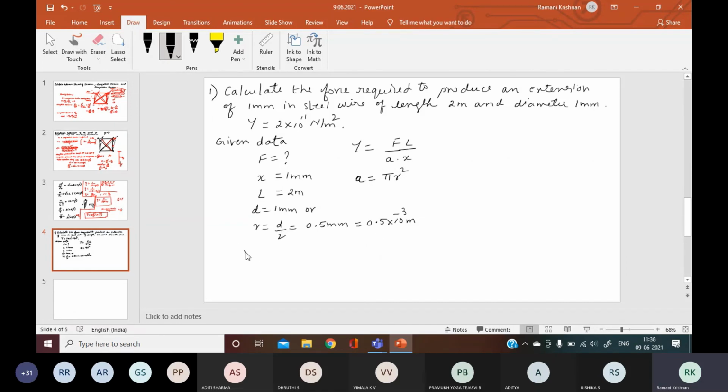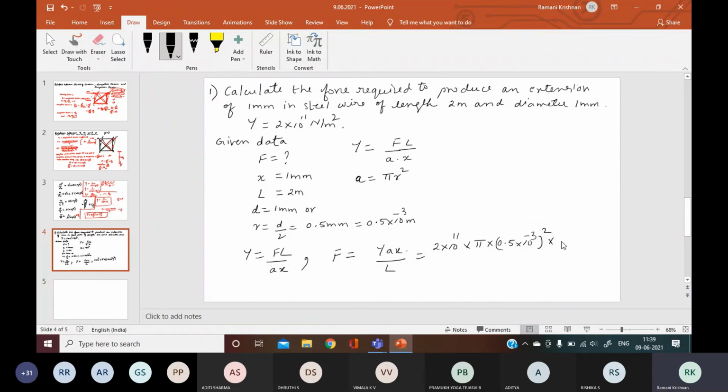Now let us substitute. Y is given by F by A into L by x. But I want force. They're asking force, no? So force is equal to Y A x by L. Substitute: 2 into 10 power 11 into pi into (0.5 into 10 power minus 3) the whole square into extension.